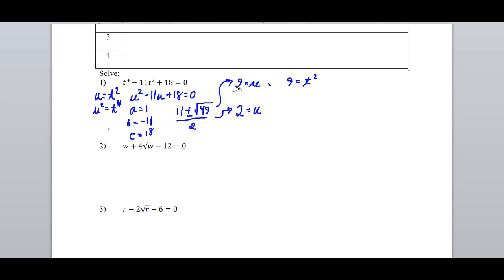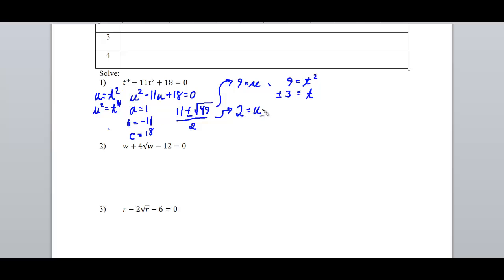U is equal to 9, t squared is equal to u, so therefore t squared is equal to 9 because of the transitive property. So my t, if I solve for t, is going to be equal to plus or minus 3 because the square root of 9 is plus or minus 3. Same thing with this one here.